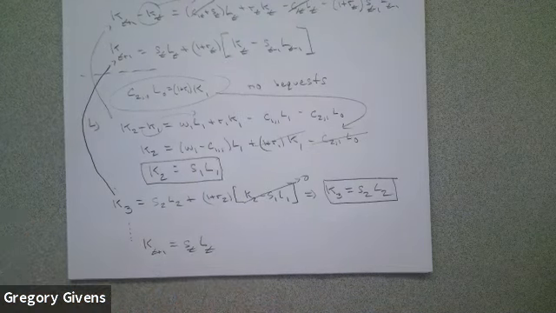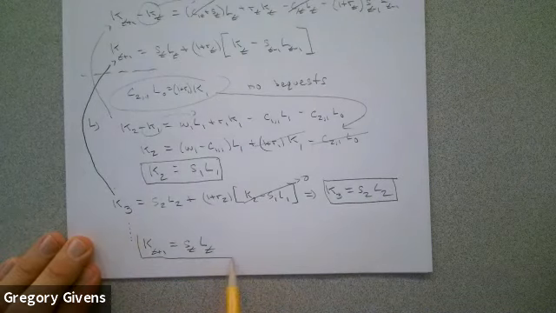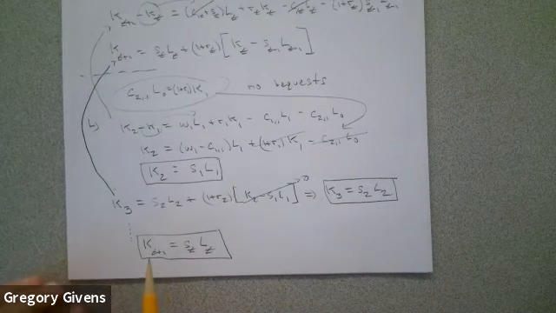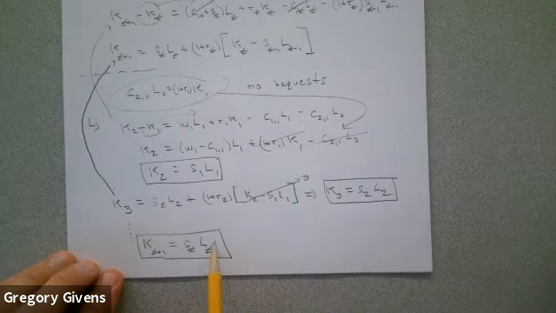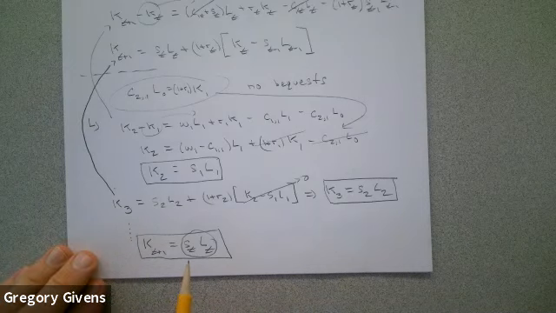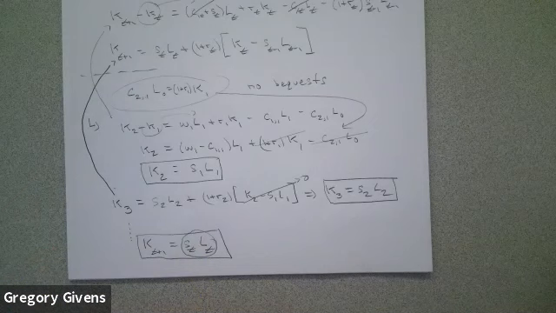In other words, and this should be intuitive, the aggregate stock of capital that we carry into period T plus 1 in the OLG model is just the total amount of savings that the young generation conduct in period T. So ST is the per worker savings, LT is the number of workers.